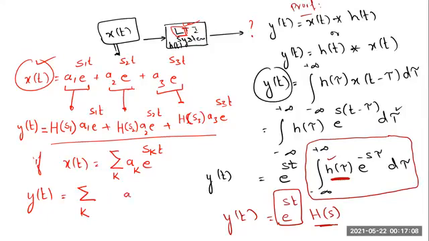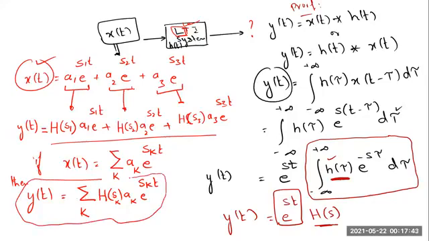So we will get the same ak e to power skt, which is the eigenfunction, multiplied with the corresponding eigenvalues for different values of s. So this is the advantage of representing the signal as a linear combination of complex exponentials. And when we use such a signal as input to an LTI system, we can easily represent or calculate the output of our LTI system.